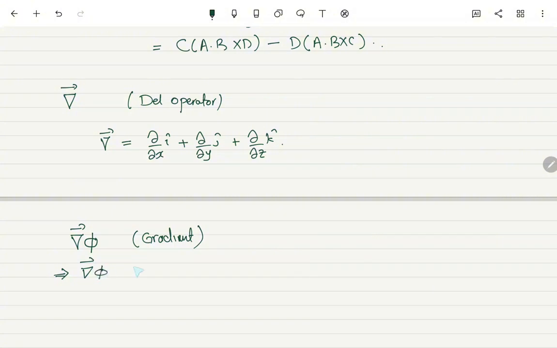Gradient phi is equal to partial phi partial x i plus partial phi partial y j plus partial phi partial z k.